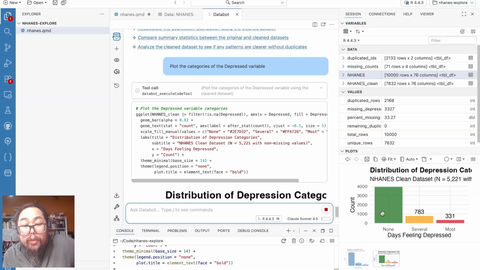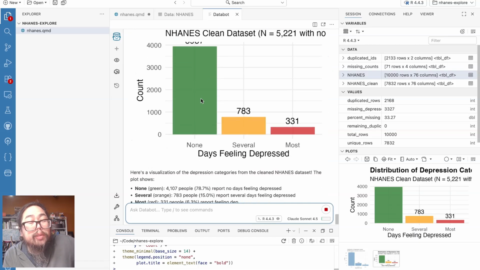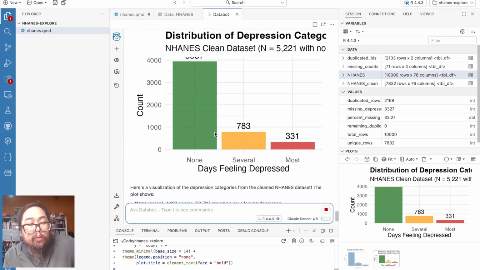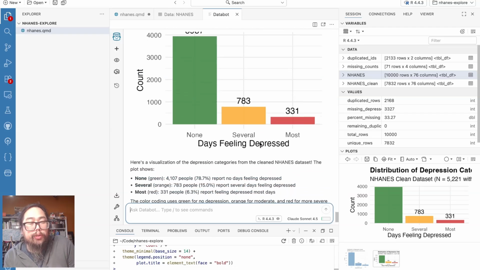Okay, so we have removed those rows, and I just wanted to make sure that the distribution looks similar. Last time there were about 1,000 in several categories, and I believe there are about 400 in this most category, so we have removed some, but the distribution looks the same.